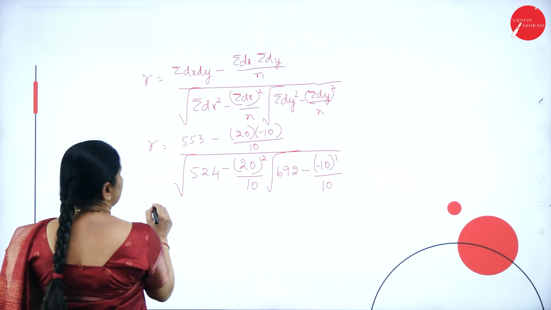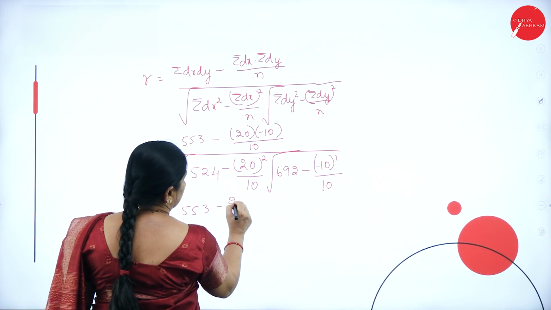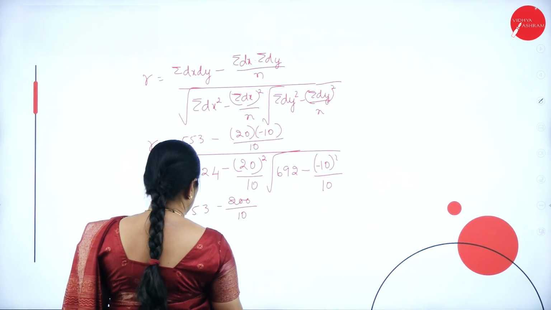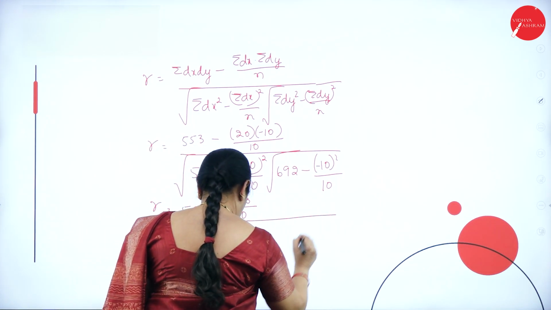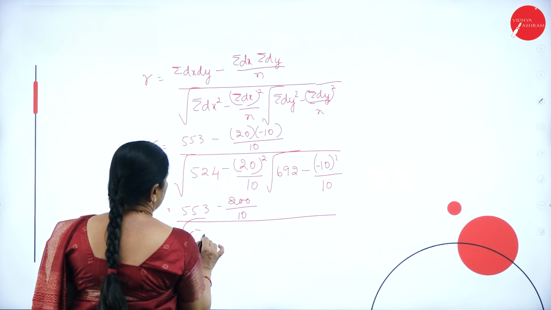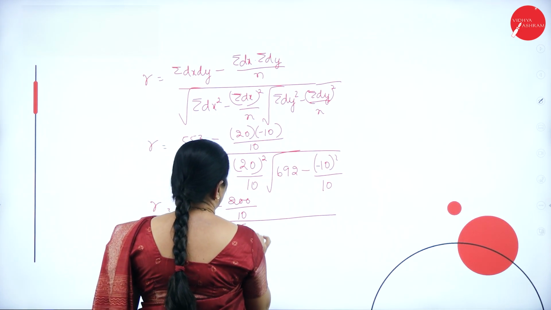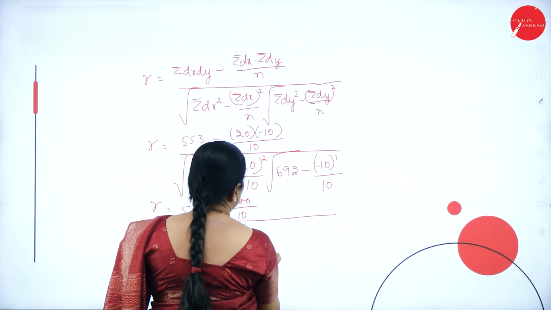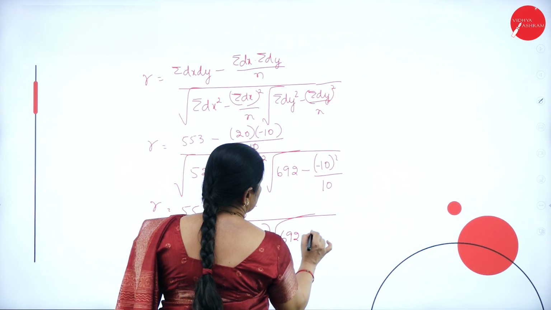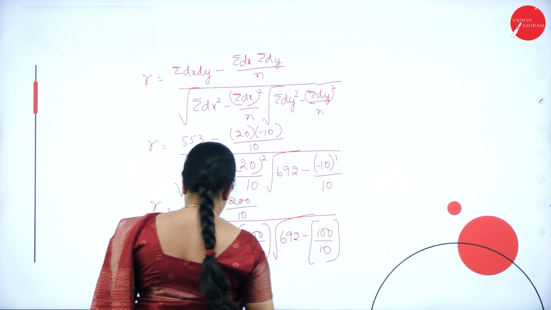So this R will be equal to 553 minus 200 divided by 10, whole over root of 524 minus 400 divided by 10, into 692 minus 100 divided by 10.